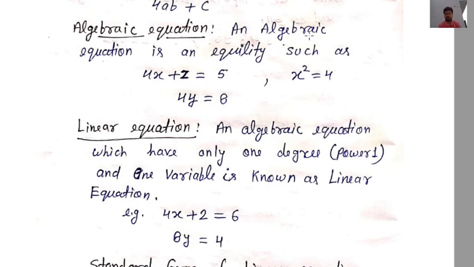In the definition here it is written: an algebraic equation is an equality. Equality means equation, equation means equal. This is an algebraic expression. We put equal to something, then it is said to be an equation. Okay. Simple. An algebraic expression which has equal to something is said to be an algebraic equation.